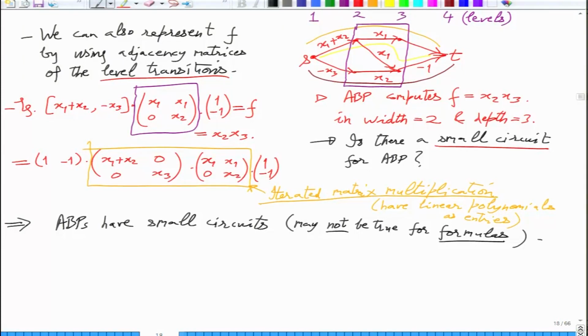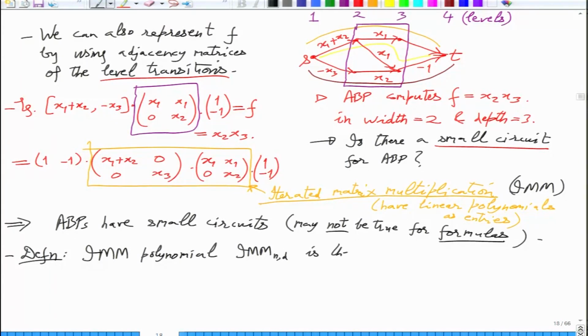So let us define this second problem or second model. I will shorten this to IMM, iterated matrix multiplication. So the IMM polynomial, we will denote it by IMM n comma d.